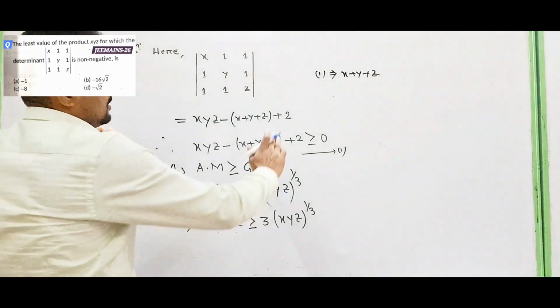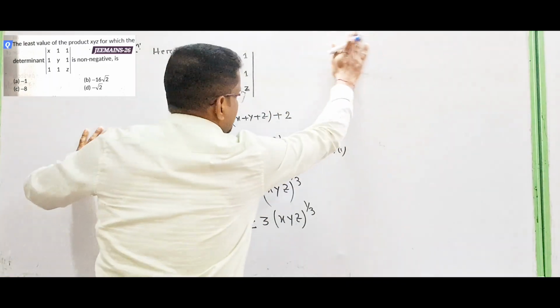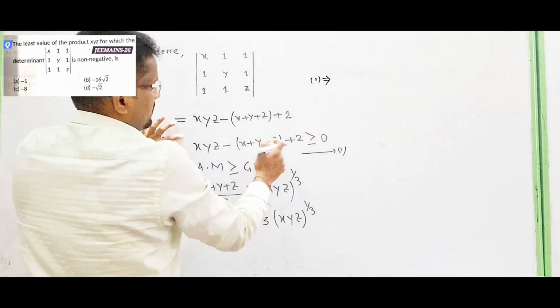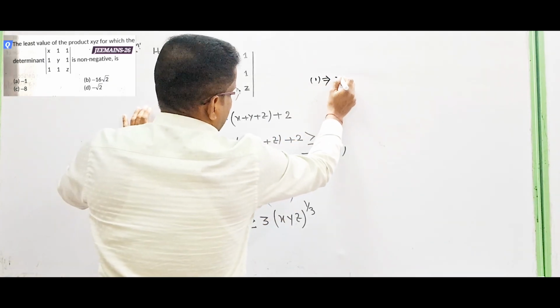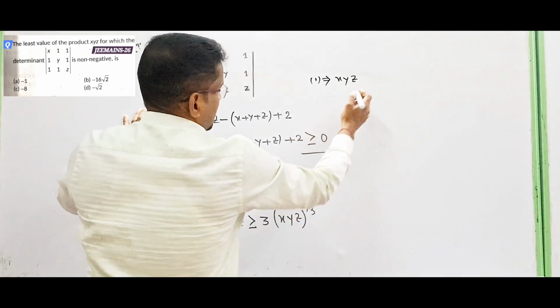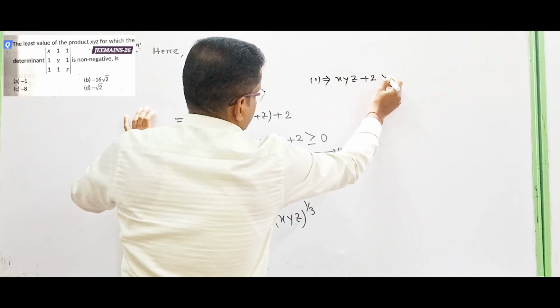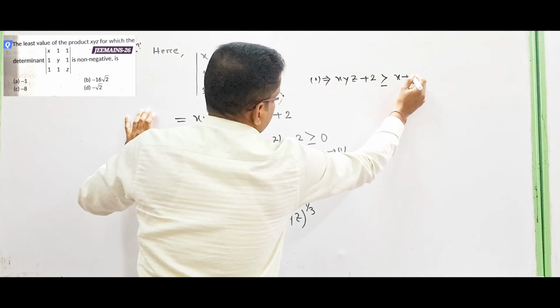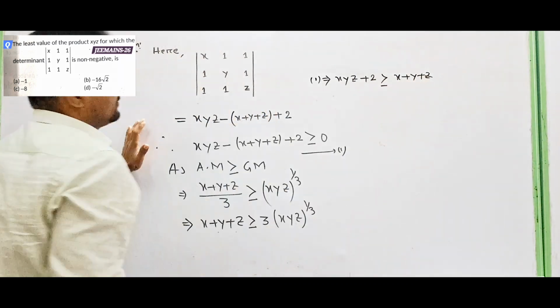Better to do one thing. I can put 1 in place for 1 in place. From here, what you will get? x, y, z plus 2 is greater or equal this term right hand side, x plus y plus z.